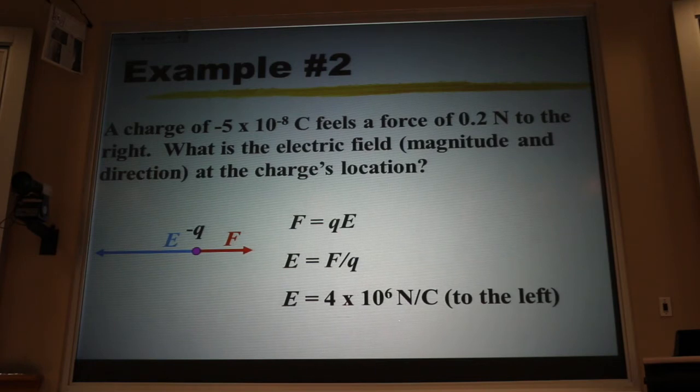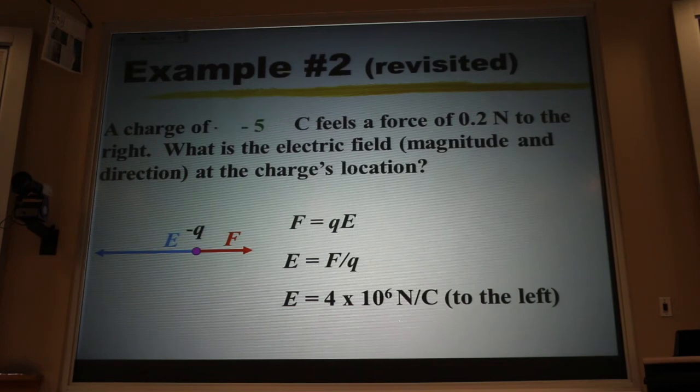The electric field is going to be 0.2 newtons over 5 times 10 to the minus 8 coulombs. I put the minus sign, this becomes right over the minus sign. Well, that's like dividing by -1. That's the same as minus right, which is the same as left. Okay? Now again, these numbers are realistic for the lab, but not helpful to us.